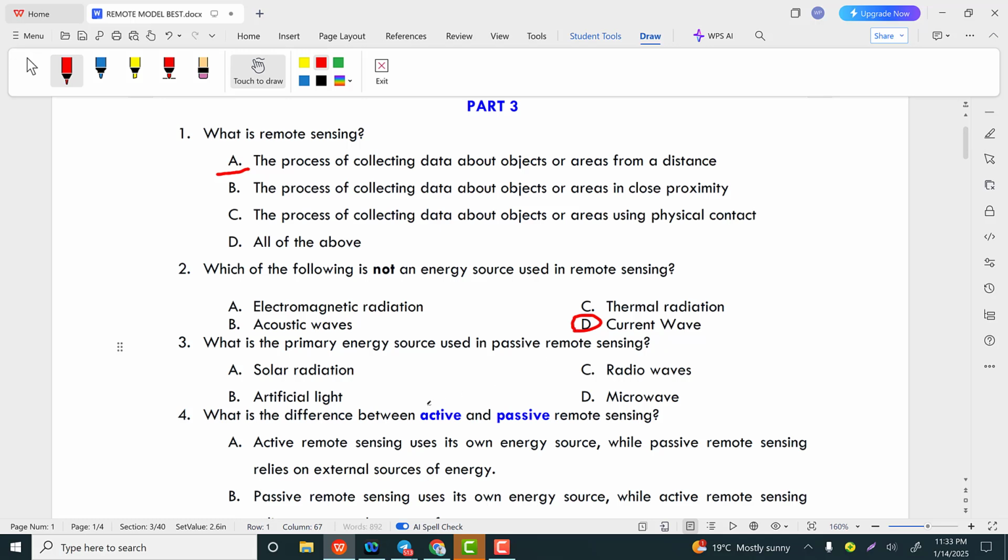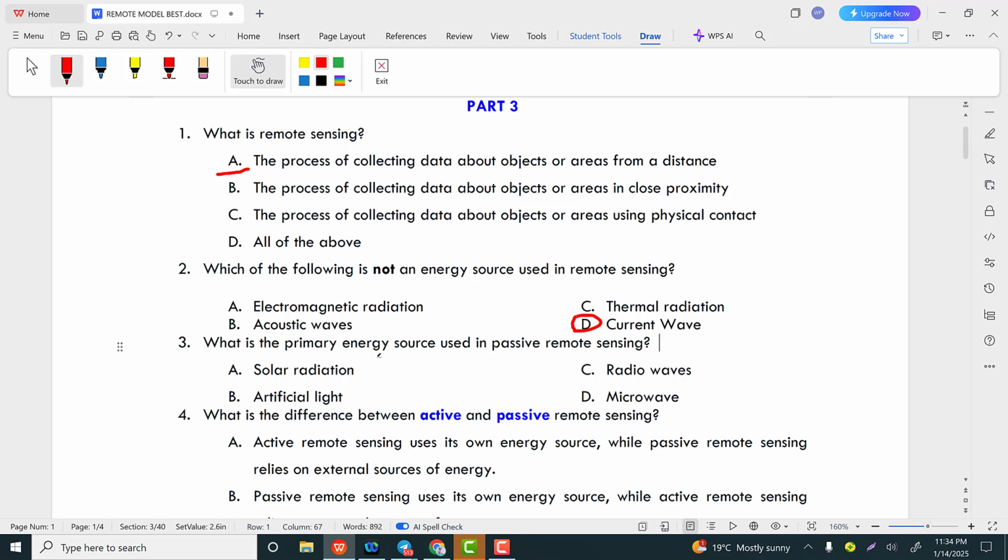Question number 3. What is the primary energy source used in passive remote sensing? As I have mentioned earlier, we have two types of sensors, the passive sensor and active sensor. Passive sensors are highly dependent on external sources like the electromagnetic radiation generated from the sun, whereas active sensors have their own source of energy and they release their beam to the target and collect reflective values.